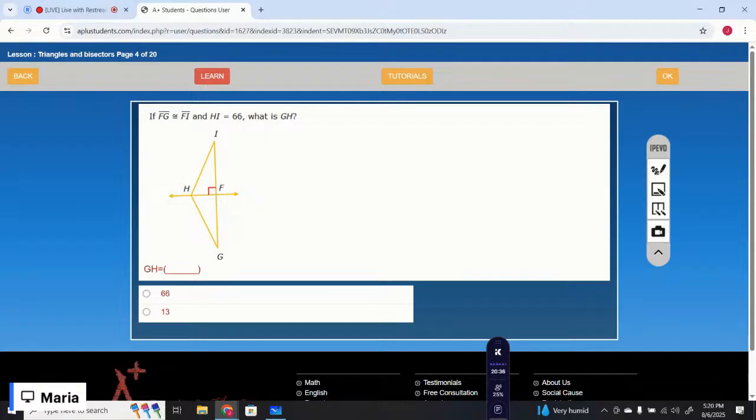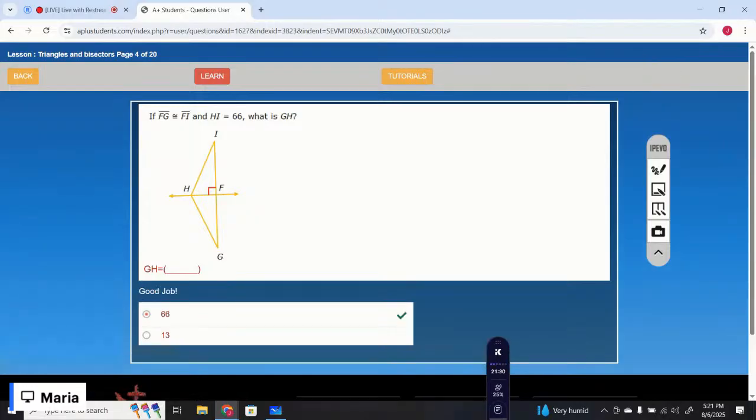If FG is similar to FI and HI is equal to 66, what is GH? The correct option is 66. Option number 1 is the correct option.